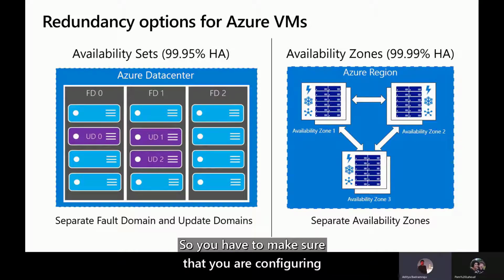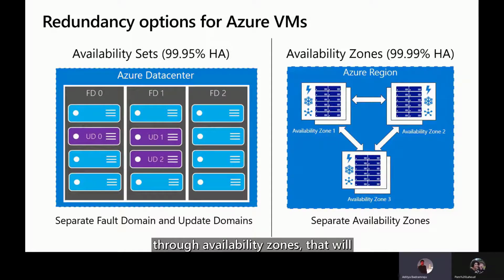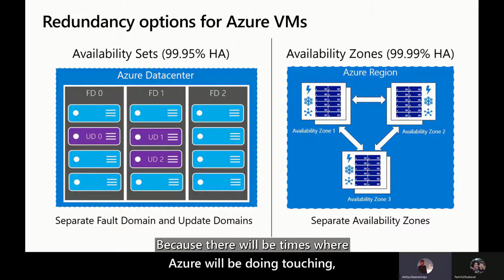So you have to make sure that you are configuring your HADR solutions keeping this in mind, because if you configure your SQL Server through availability sets or availability zones, that will make sure your availability rate increases, because there will be times where Azure would be doing patching, taking the VM down for some reason which we don't know.